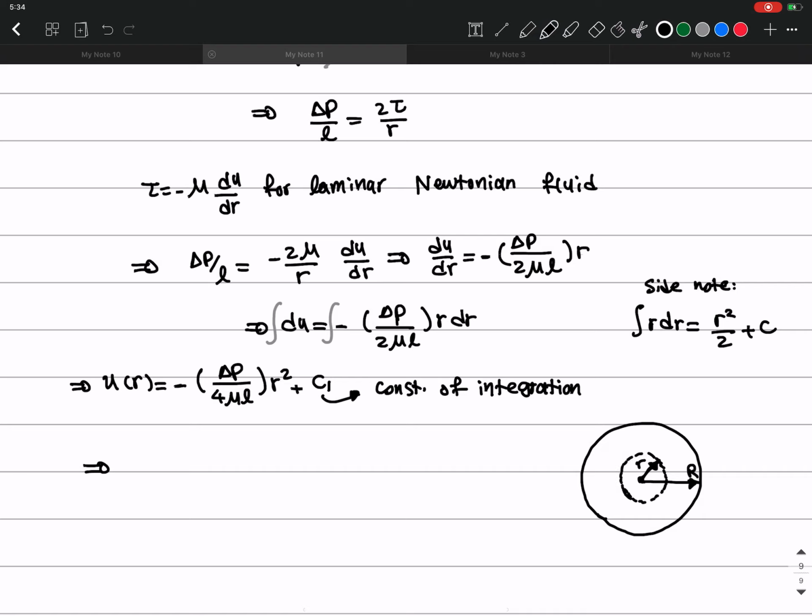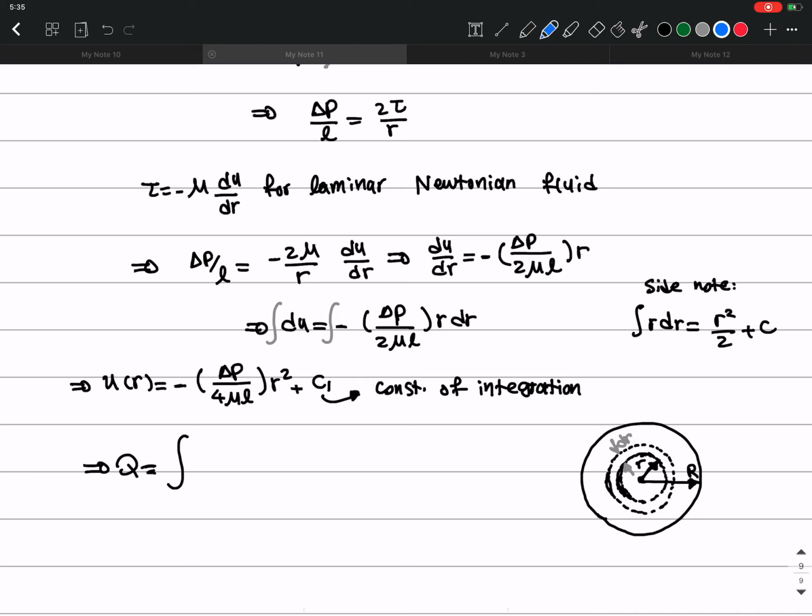So what I want to do is calculate first u at here, and then take an element here which has a length of dr. Okay, so this has a length of dr. And then I want to calculate the total flow rate by integrating the velocity at this section.